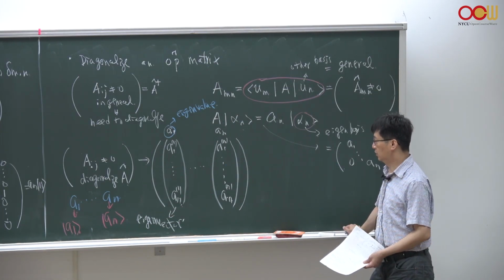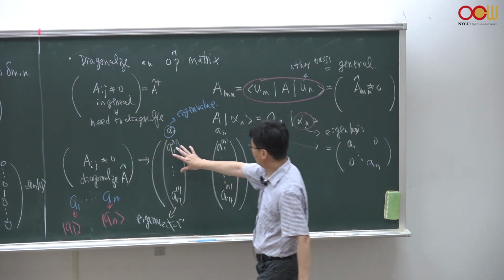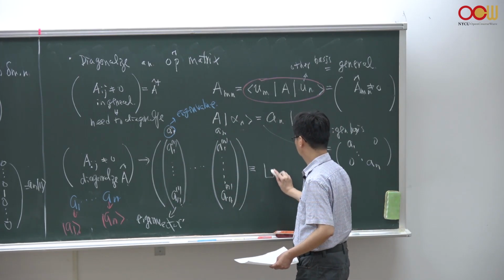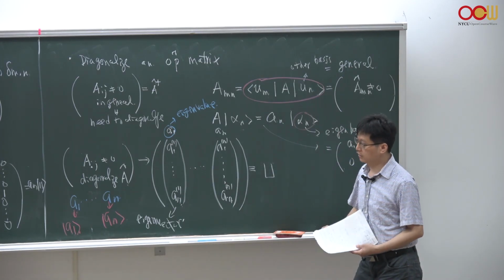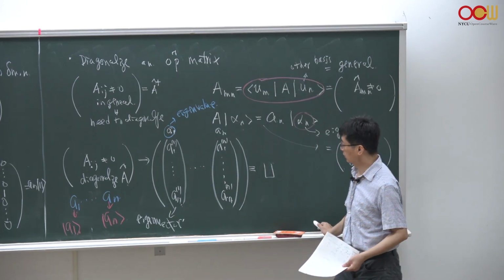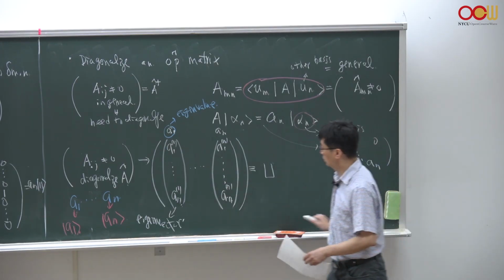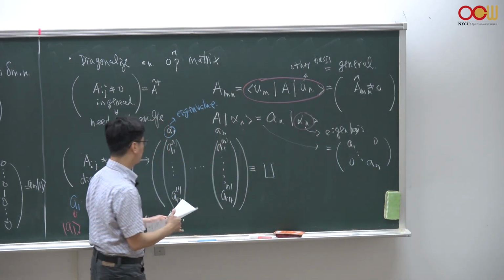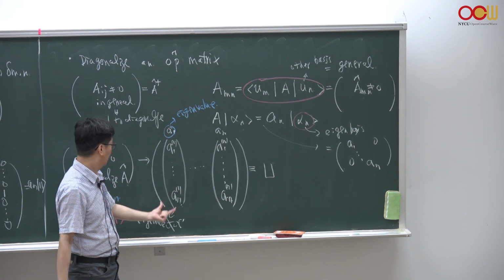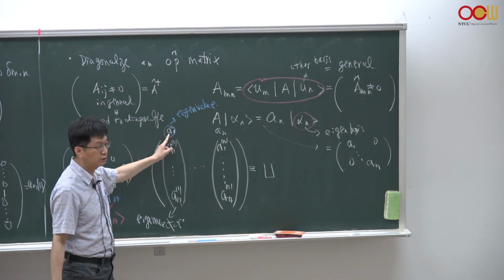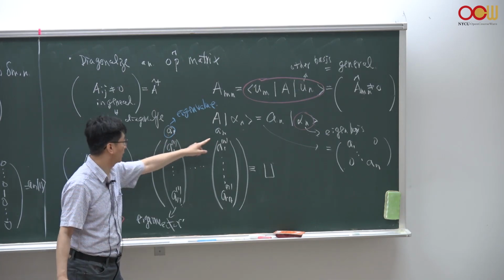So then you could construct the big matrix, which I call U. And this big matrix U is made of all these eigenstates or eigenkets. You could combine all these column matrices, the eigenvectors corresponding to a particular eigenvalue a_1 up to a_N.